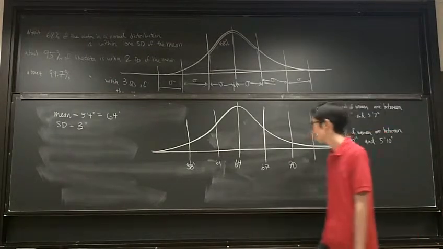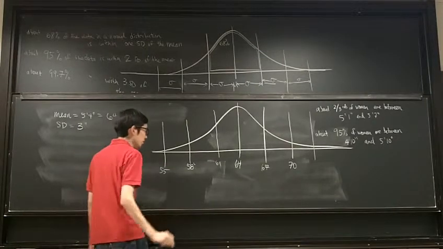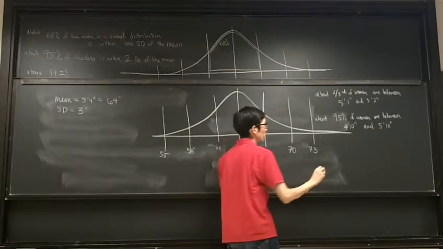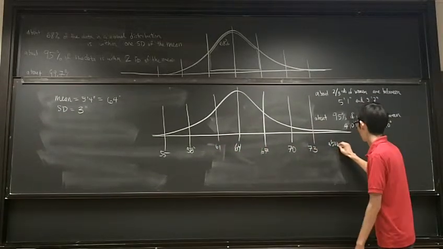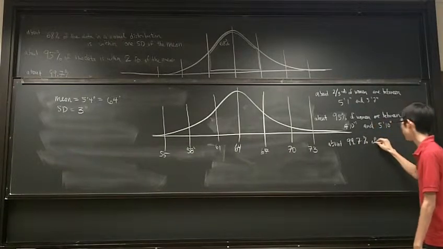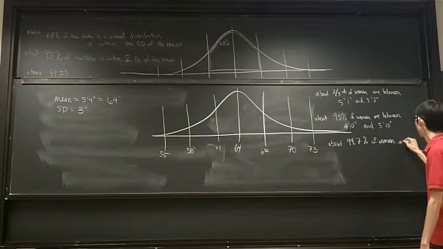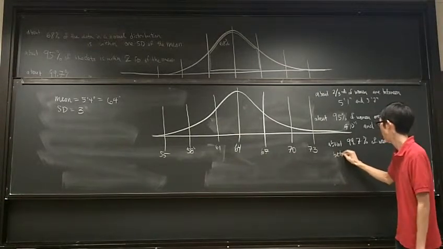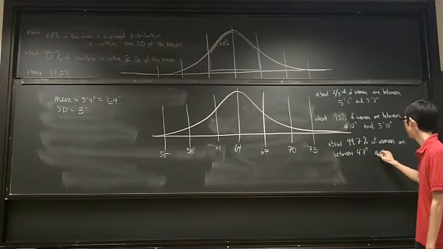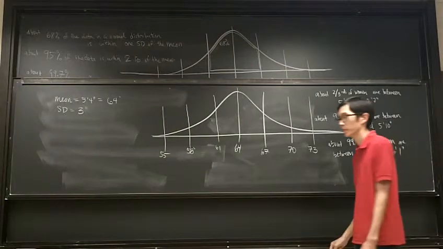And if I go out another 3 inches, this takes me to 55 and 73. That says about 99.7% of women are between 4'7" and 6'1".